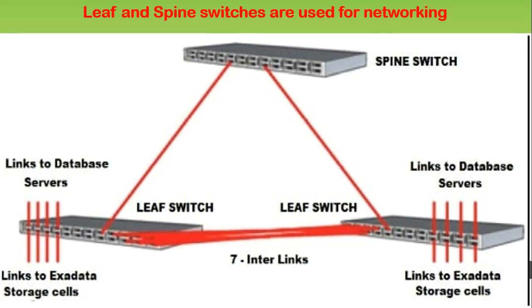The spine switch is on top, with links to database servers, and the leaf switches are down the side, with links to the Exadata storage cells as well. There will be one spine switch and two leaf switches, linking to database servers as well as Exadata storage cells, so through that there are seven interlink connections.